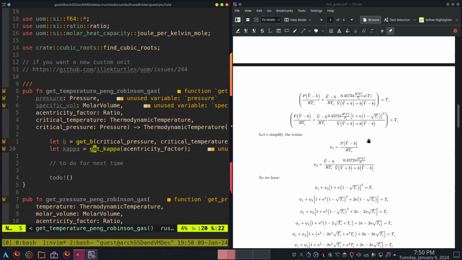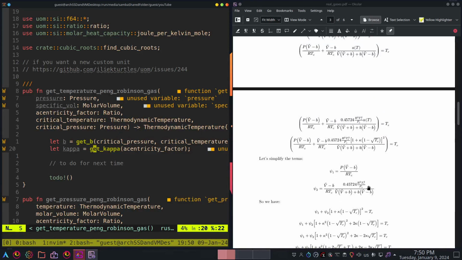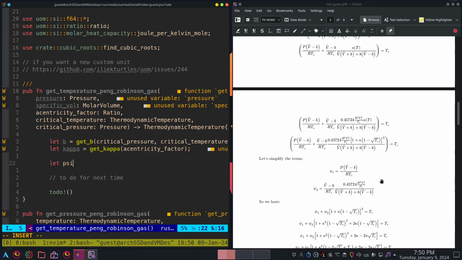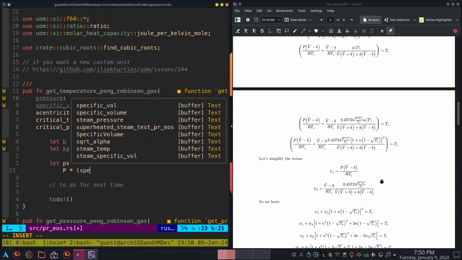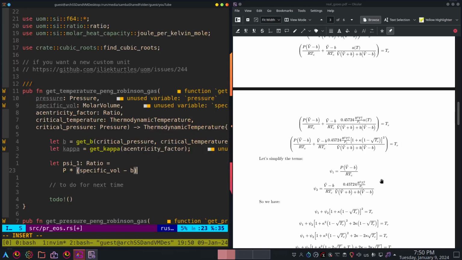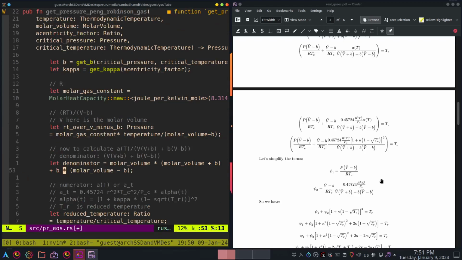So psi1 is this. It's PV minus B over RTC. Okay, let psi1. This should be a ratio. And what should this be? P times specific volume minus B, divided by, what's the molar gas constant?